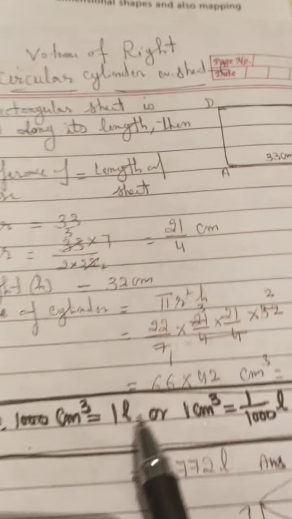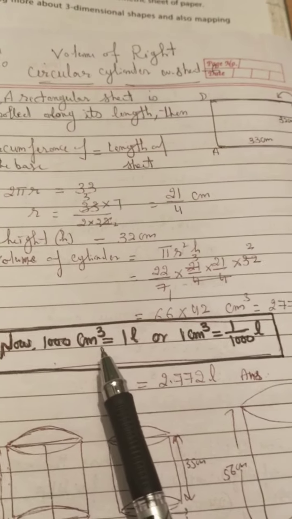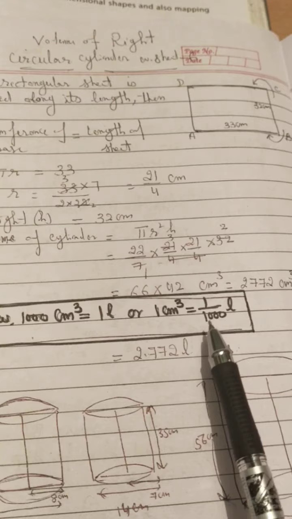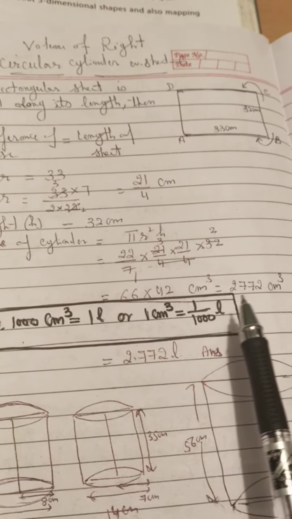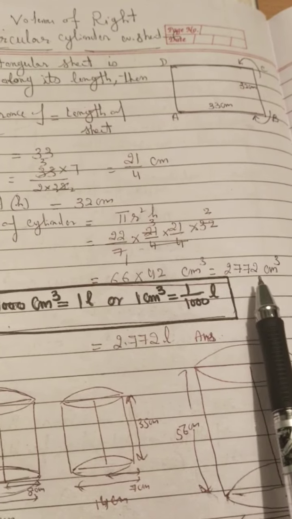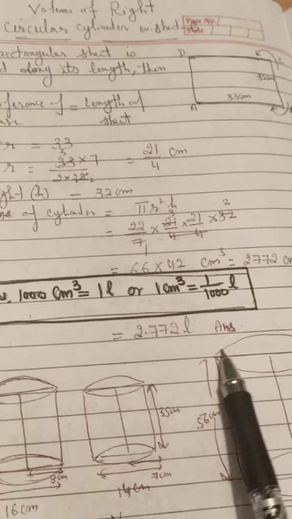So here, now we know that 1000 cubic centimeter is equal to 1 liter, or 1 cubic centimeter is equal to 1 upon 1000 liter. So now your answer will be to divide this cubic centimeter by 1000. It is equal to 2.772 liters, your answer.